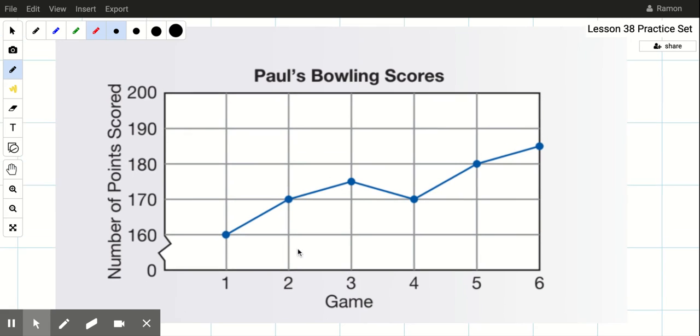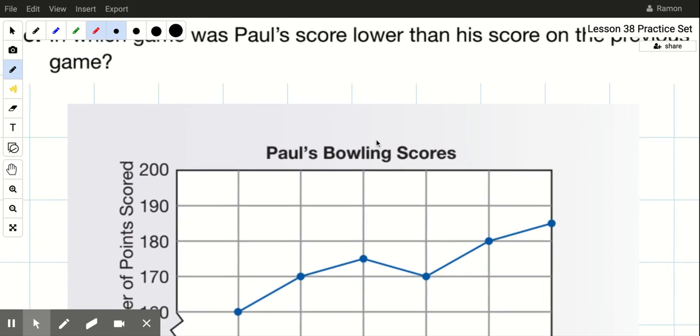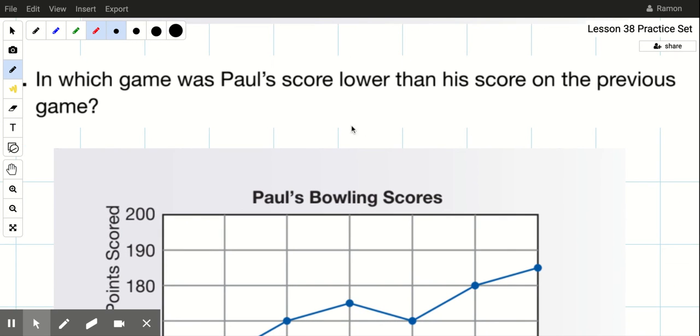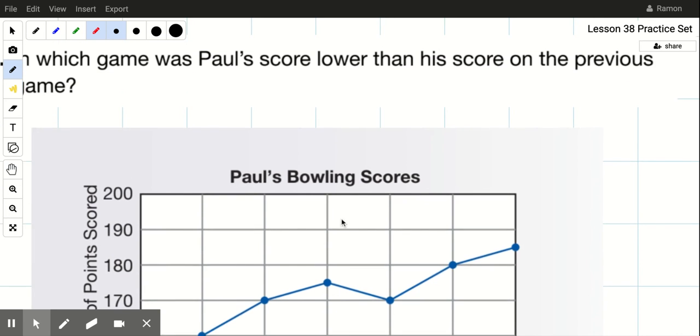While technically the scores from game one don't affect the scores from game two in any way, you can see the change that occurs as this person bowls from one game to the other. So in which game was Paul's score lower than his score in the previous game? What we're looking for is a data point where we have a lower score than in the previous game.